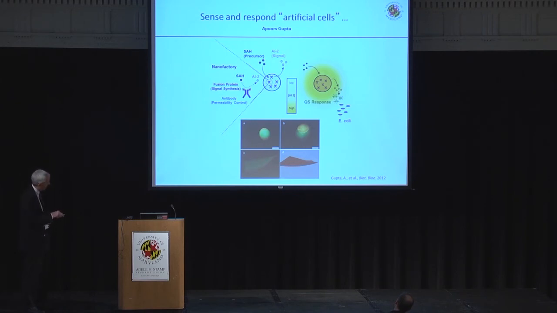And there's a confocal image of the red. I don't know if you can see that, but this is a cutout. It's a very uniform, nice film around the outside of the alginate. And what that does is it confers a semi-permeability to this system that allows for the nanofactory to stay inside and small molecules to diffuse in and diffuse out.